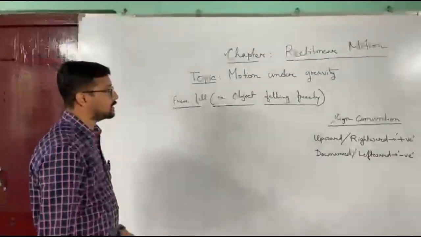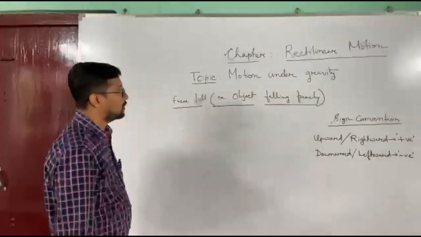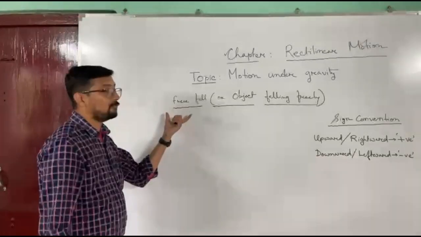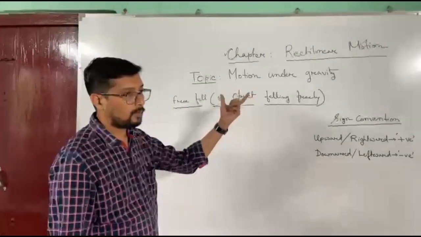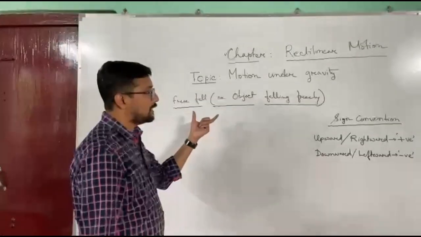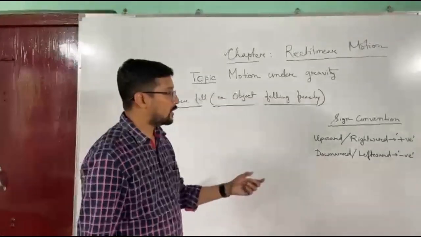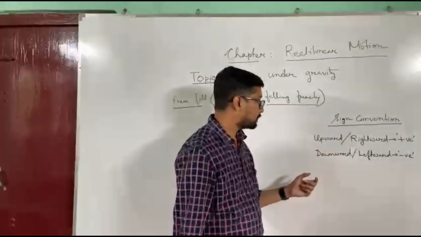Now let us discuss the topic. It is the motion which is called free fall, or object falling freely from a height. Before we go on to study this topic, we should first know what sign conventions we are going to use.